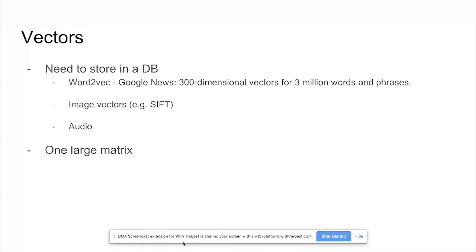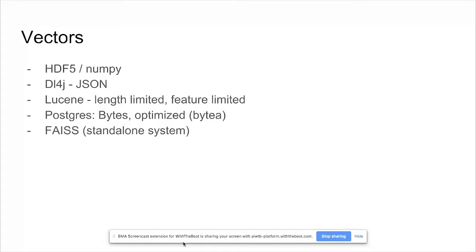So the challenge here is you, in essence, have one giant matrix, and there are different ways to store this and different ways to read it and load it into memory. There's a whole bunch of people working on that particular category of problems. If you look in the space of Python utilities, NumPy has the construct of storing something as a giant matrix on disk.